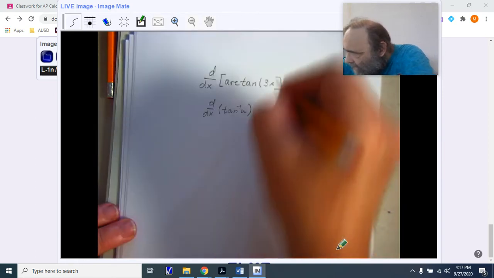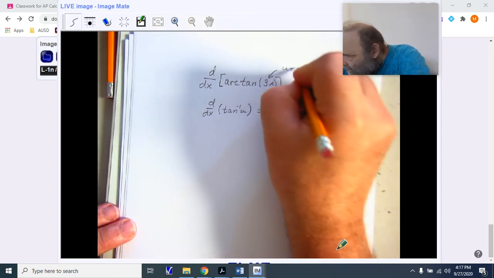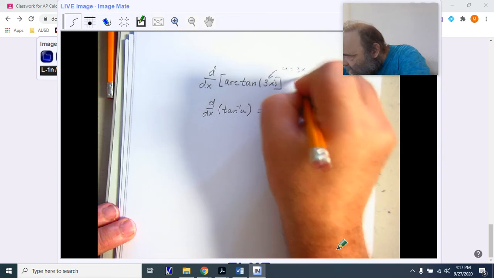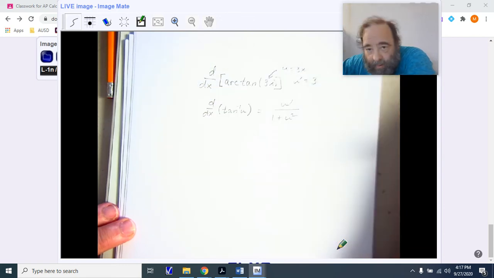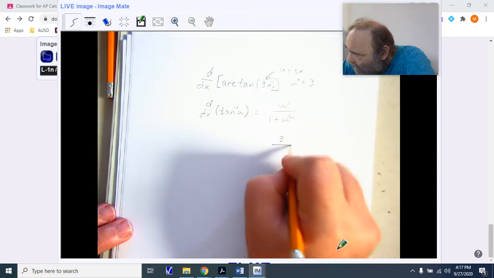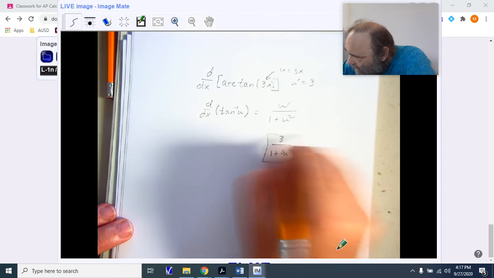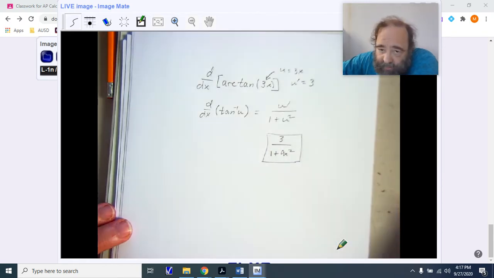In this problem, my u is 3x, which means that u prime is 3. I'm going to do a direct substitution, and I get 3 over 1 plus 9x squared. This is my derivative. So you'll notice finding the derivative isn't difficult.